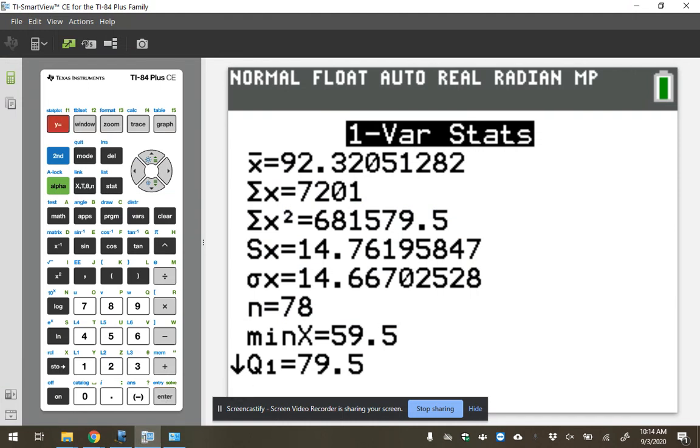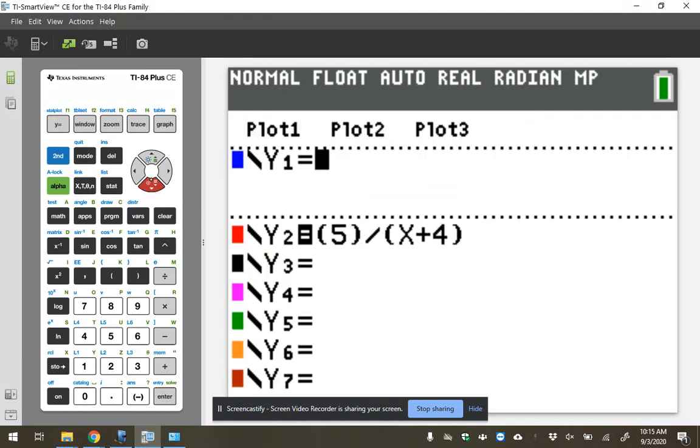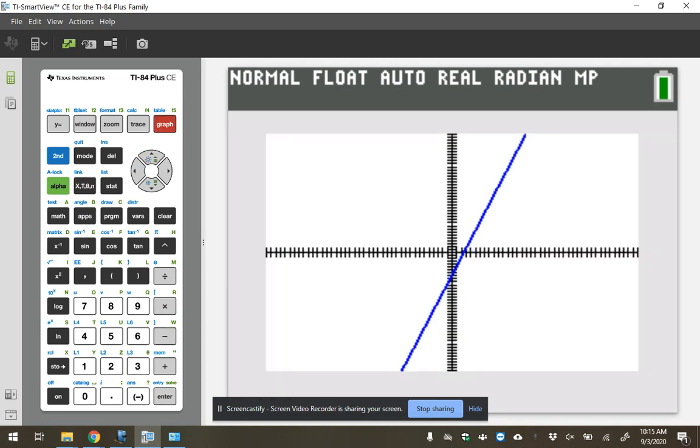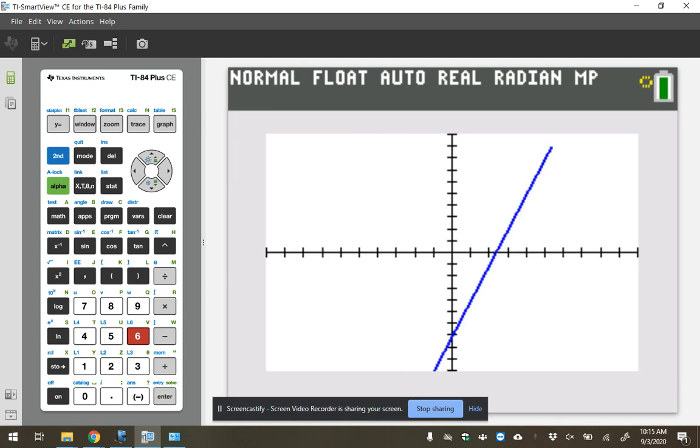If we're not sure, we got a nice calculator. It does graphs. 3x minus 7. I'm going to hit zoom 6 to get back to my normal window there. All right, so there's the graph of 3x minus 7. What's the range of that? That's the y-intercept.